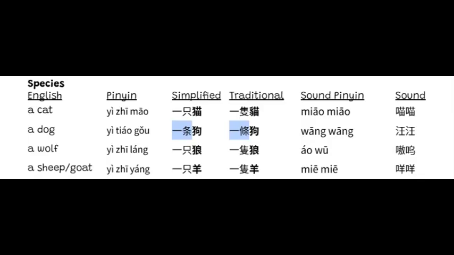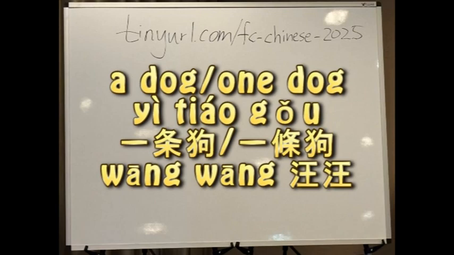Here, that particular word for dog is 条. So you can say 一条, which would mean one dog.